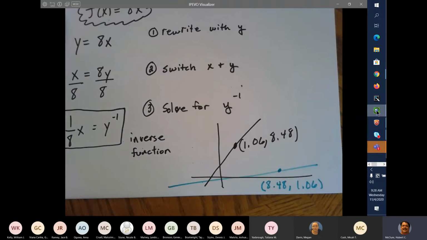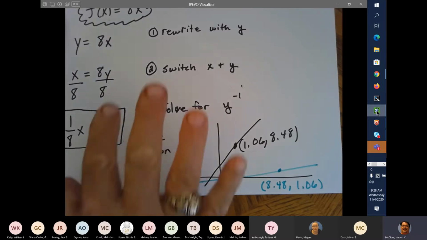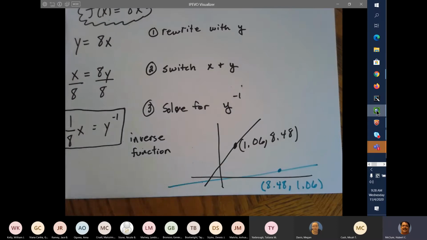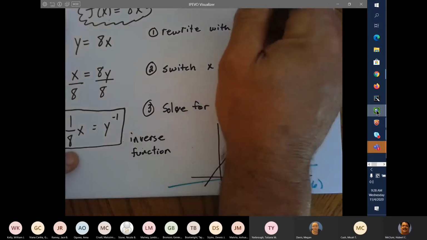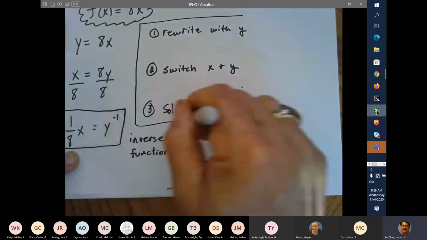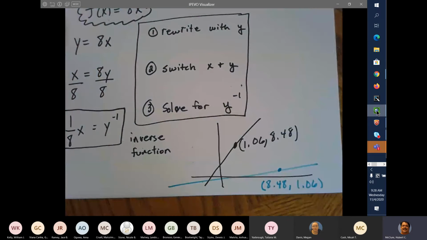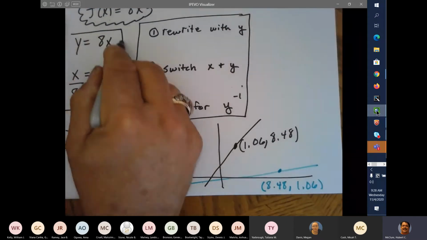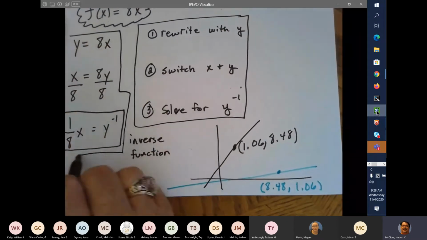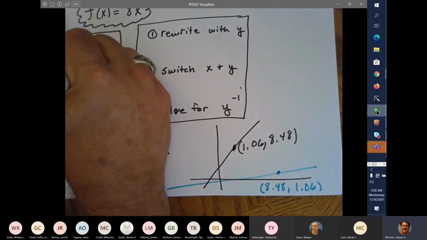Now you're going to really see it here in just a second. I'm going to give you another example, and you're going to see it. Okay, so what you need to know here, this is a test question. I'm going to show you the test questions. Two test questions here. Make sure you can take a function and turn it into the inverse function, or find the inverse function.